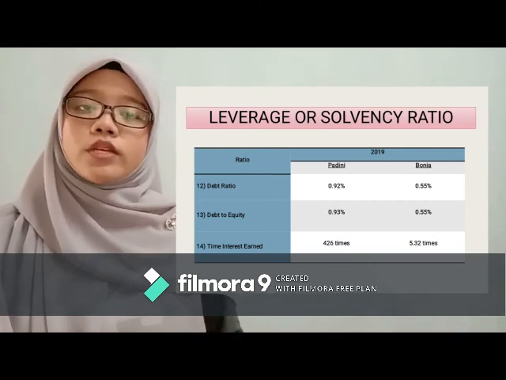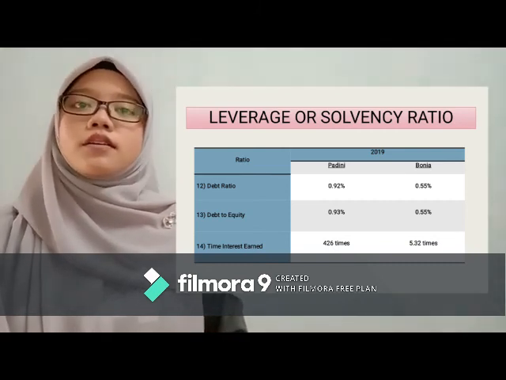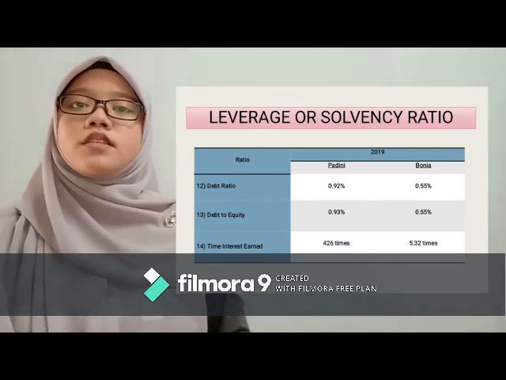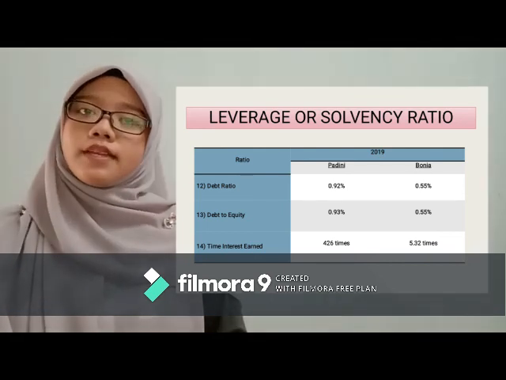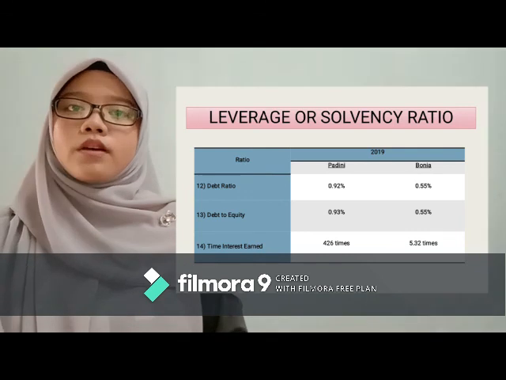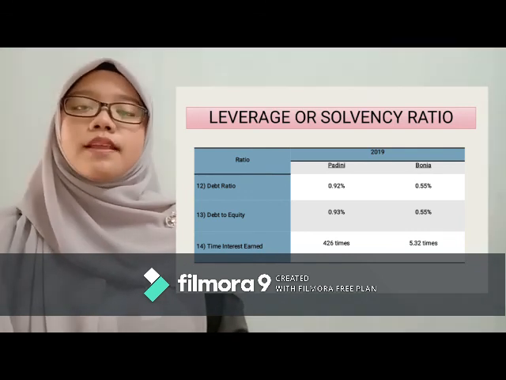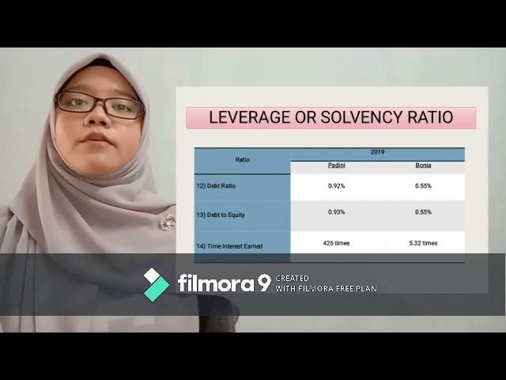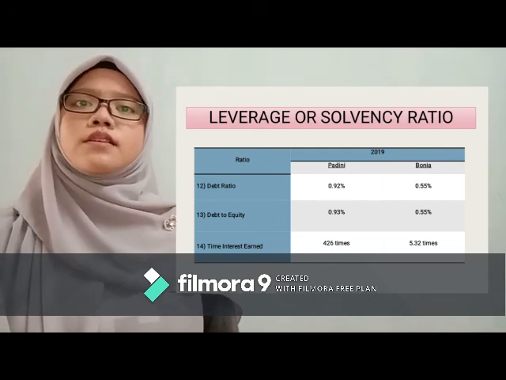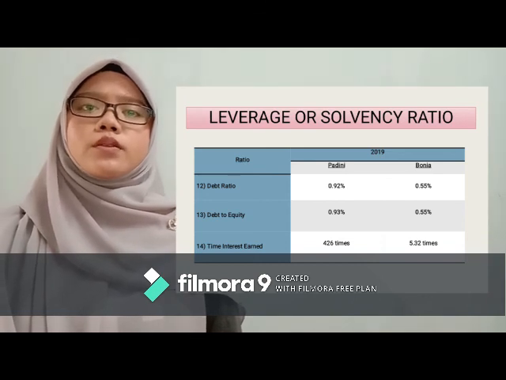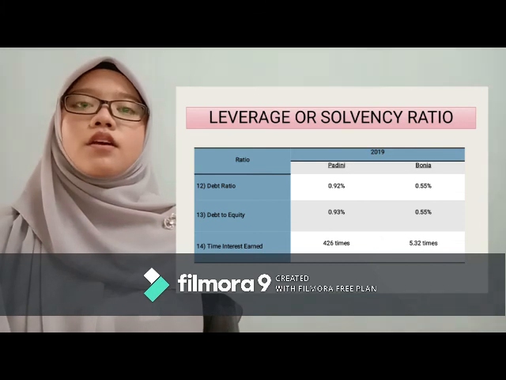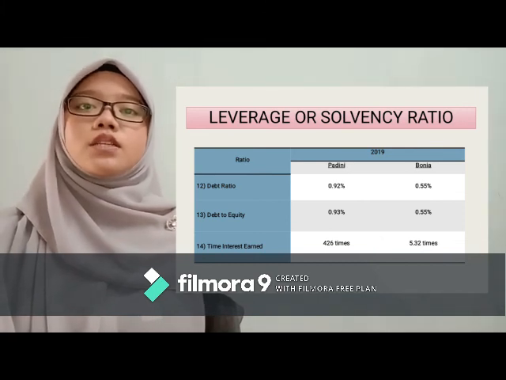And then debt to equity, Padini was higher than the other company, which is 0.93%, compared to Bonia, which gets 0.55%. And the last one is times interest earned. For Padini it is 4 to 6 times, compared to the other company Bonia, only 5.32 times.